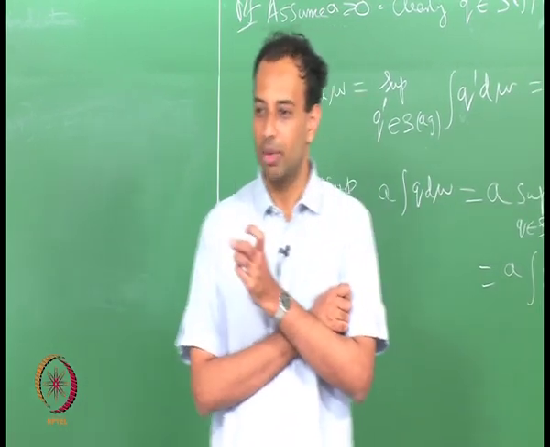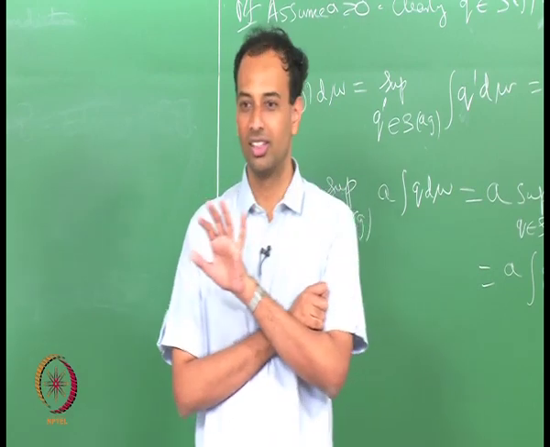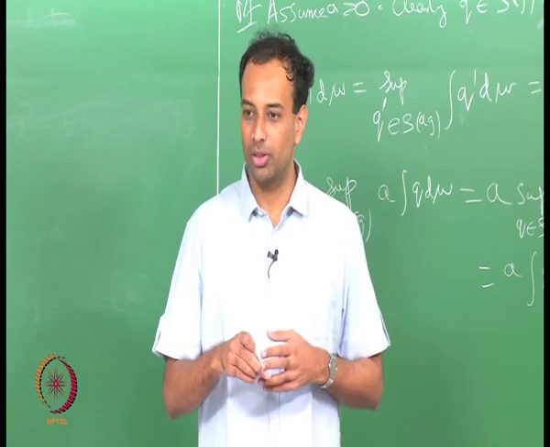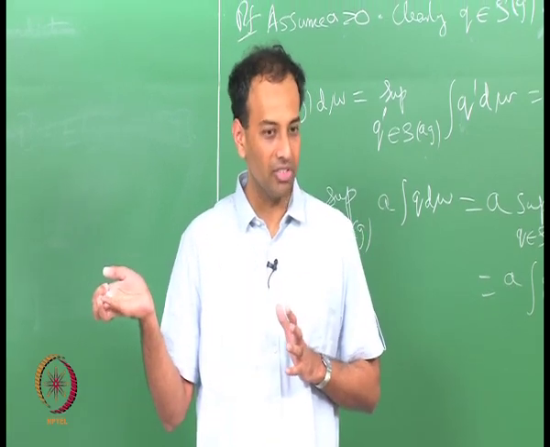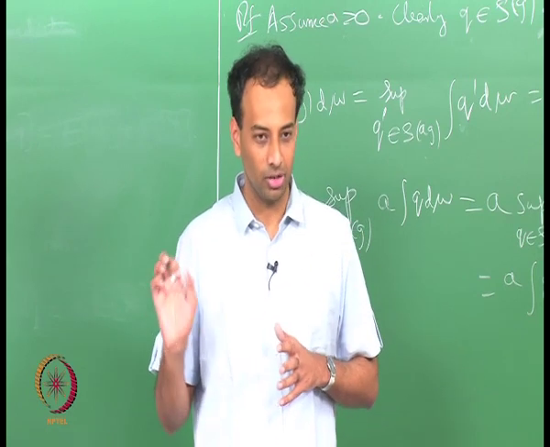Namely, you can say that the limit of the integral is the same as the integral of the limit function. In particular, if f_n converges to some function f, the integral of f_n need not always be equal to the integral of f.